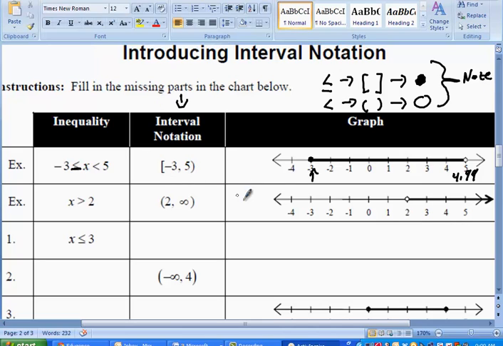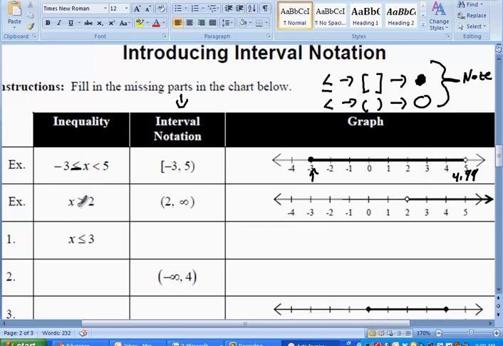So let's go ahead and look at this next example over here. If you'll notice, the open circle is on the 2 for the graph, which is why I have a parentheses on the 2 over here. And that's why I only have the greater than sign on the 2 instead of a greater than or equal to, because I have a closed circle.